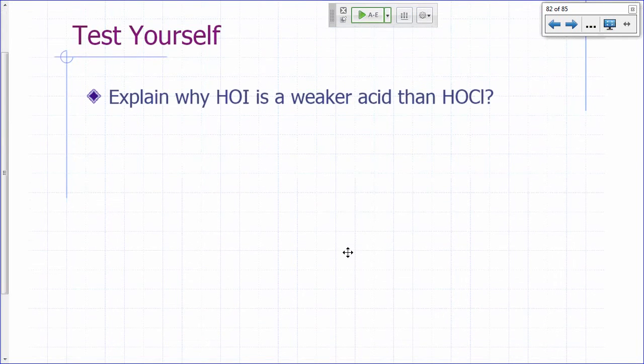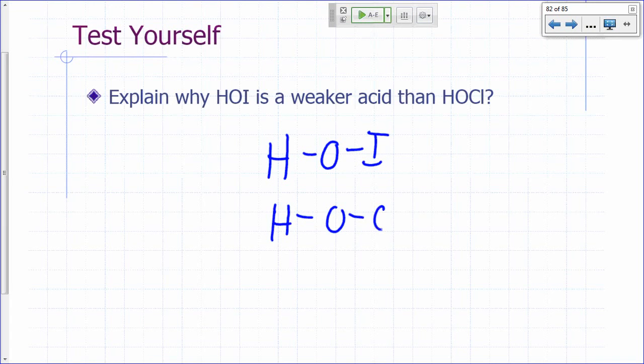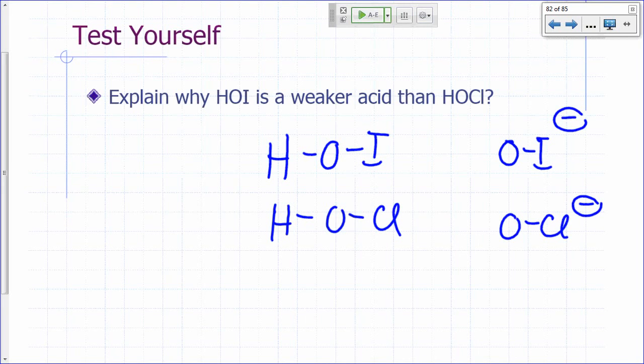So explain why HOI is weaker than HOCl. So let's compare OI negative versus OCl negative. They're both negative, with a charge of -1. Which one has a greater charge dispersal, or lower charge density?